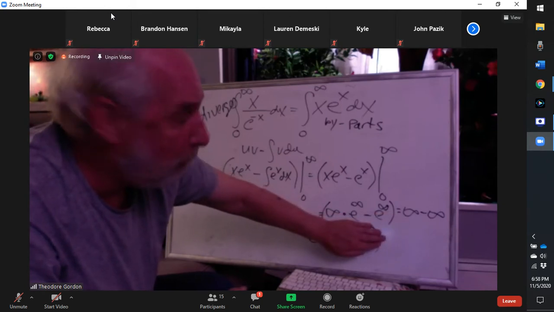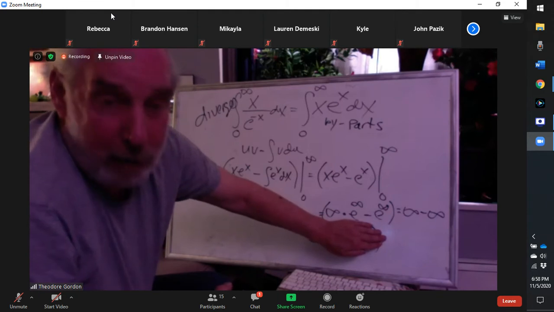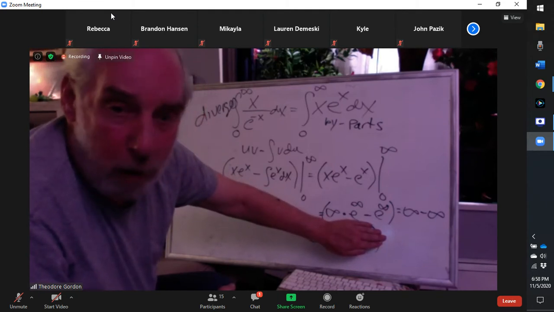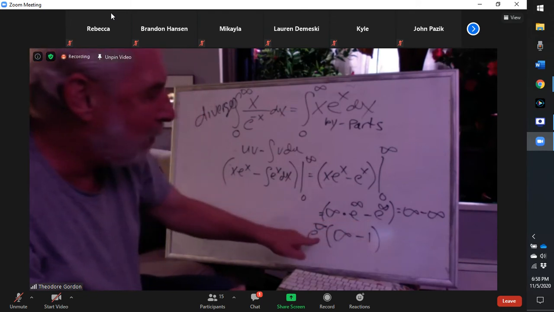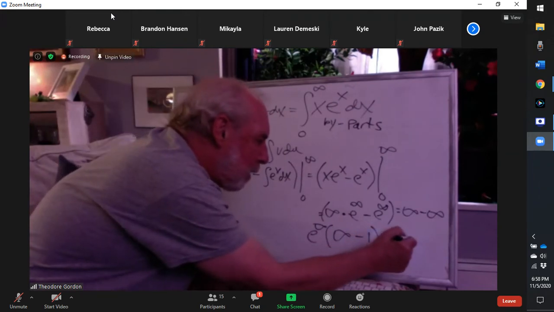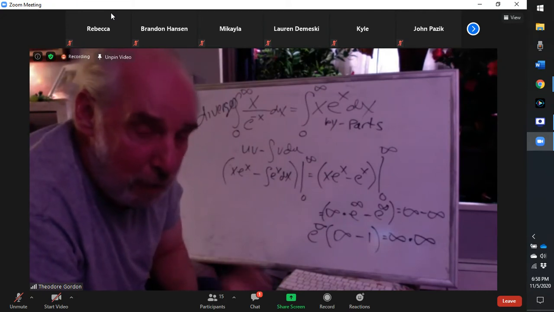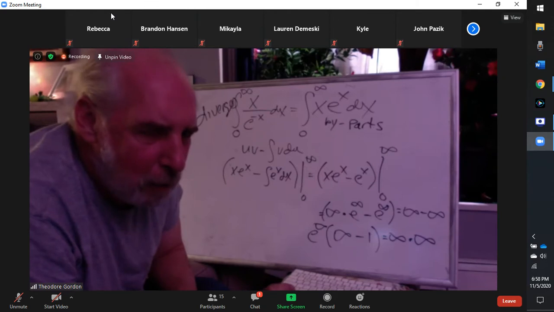Infinity minus infinity might be 0. Infinity minus infinity could be infinity. Infinity minus infinity can equal 1. It's an indeterminate form. But once we factor it out this way, this now gives us infinity times infinity, and that's indisputably infinity because they're both positive. Does that help a little bit?